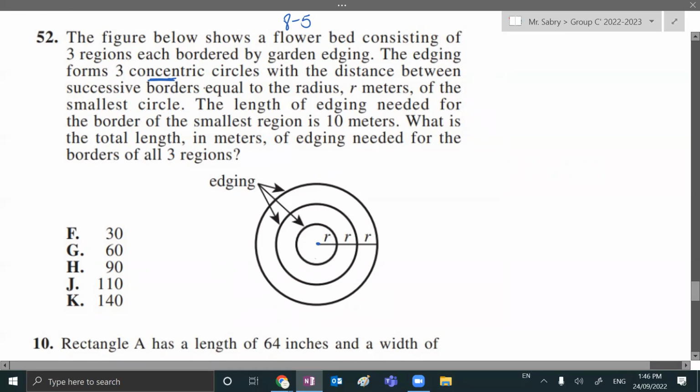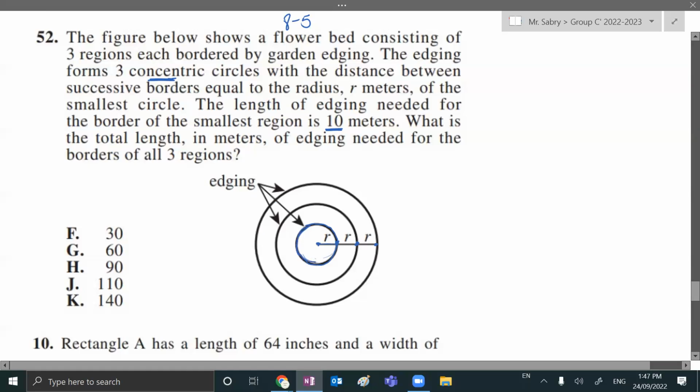They're saying that each part, from here to there, is a radius r, and from here to there, another r, and from here to there, another r. The length of the edging needed at the border of the smallest region is 10 meters. So the smallest circle, this one, needed edging of 10 meters.